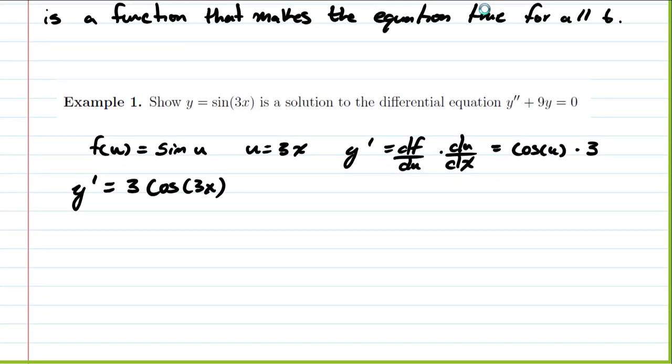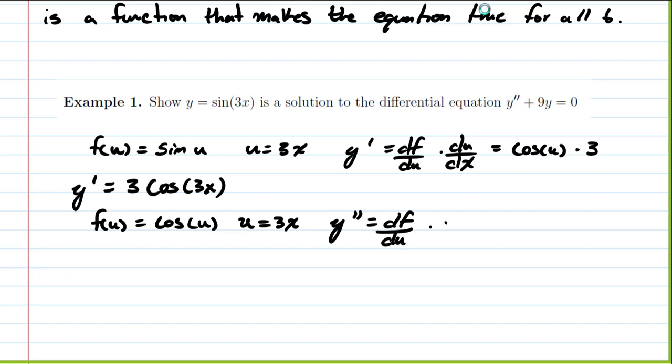Well, we need to rinse and repeat. So once again, this is another composition. So f of u this time is going to be cosine, and u once again is 3x. So then y double prime is going to be df du times du dx. The derivative of cosine is negative sine.